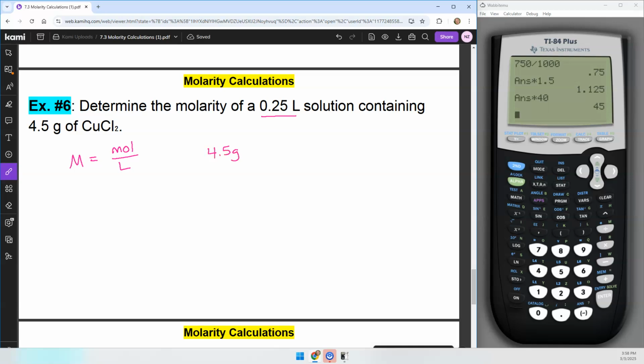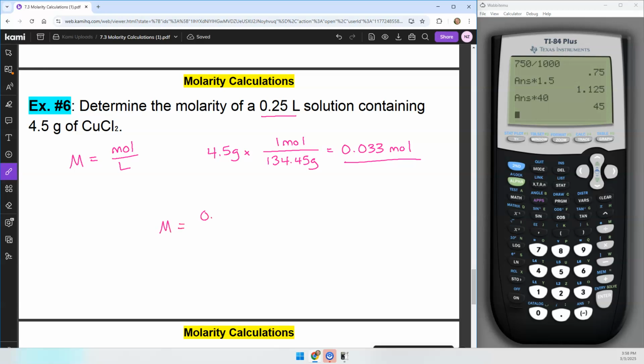So 4.5 grams, it's copper chloride. So copper chloride, it's 134.45 grams. That's how many grams are in 1 mole of copper chloride. So if I do the math here, I get 0.033 moles. Now, it's just a matter of plugging in the moles I just found and the liters given in the question to find my molarity.